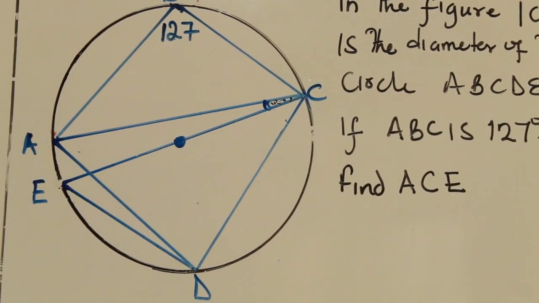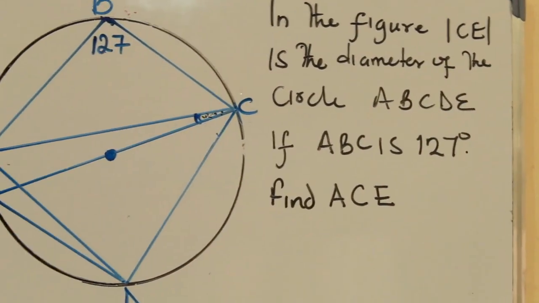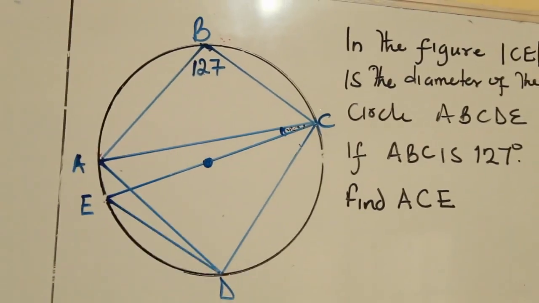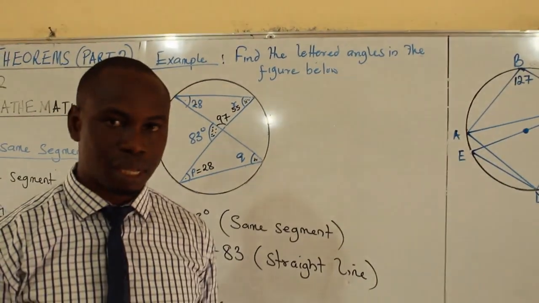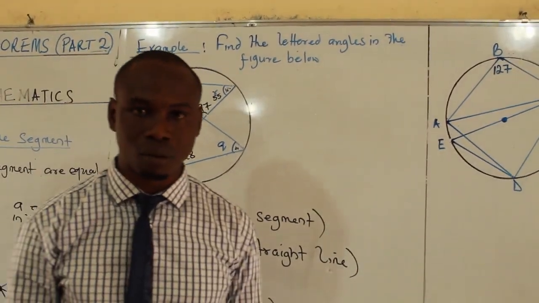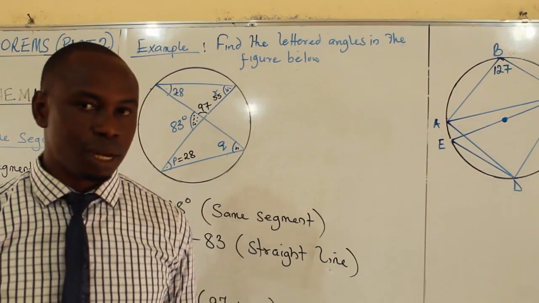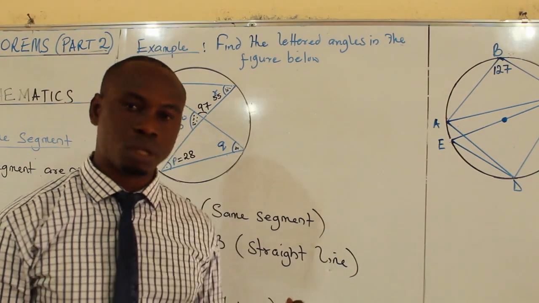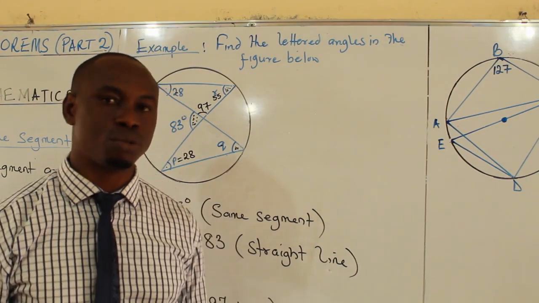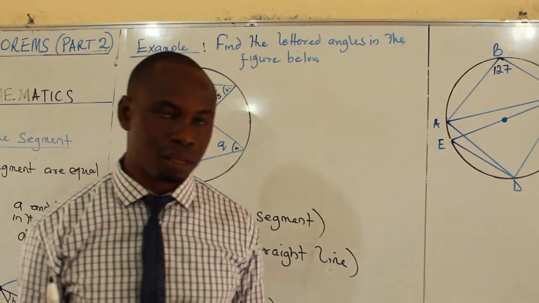Now, this information that CE is the diameter of the circle reminds us of our semicircle theorem, which says that an angle formed by a semicircle is a right angle. Like we said earlier, if a line is drawn from one end of the diameter to touch the circumference and back to the other end of the diameter, the angle formed is 90 degrees.